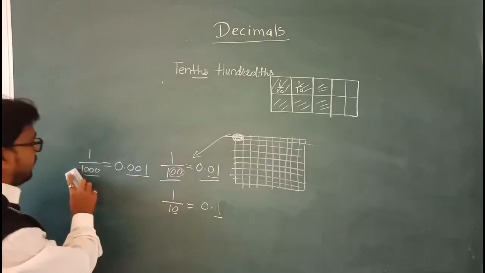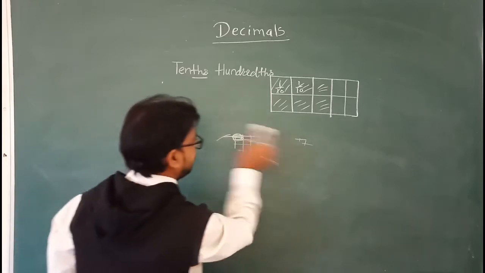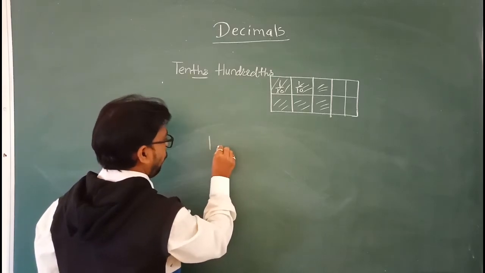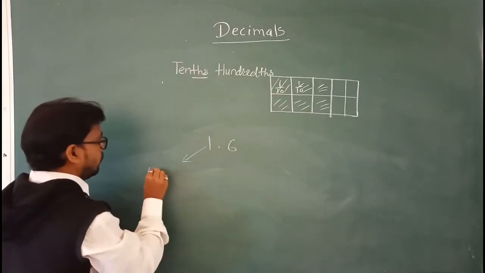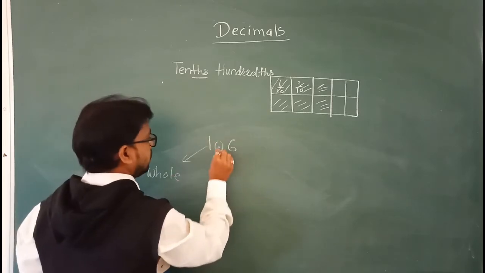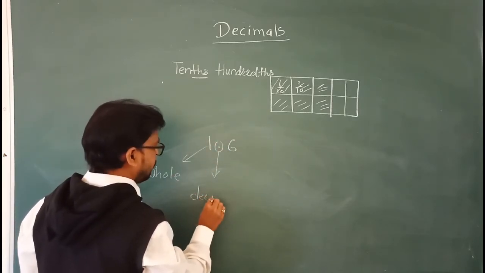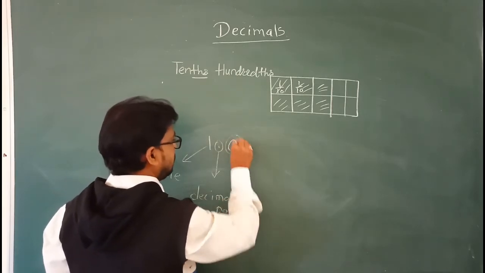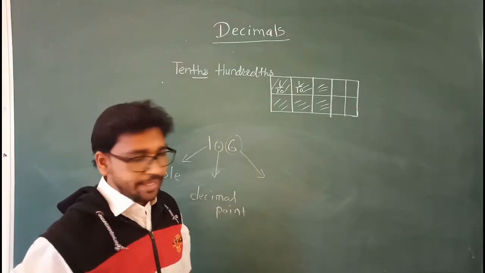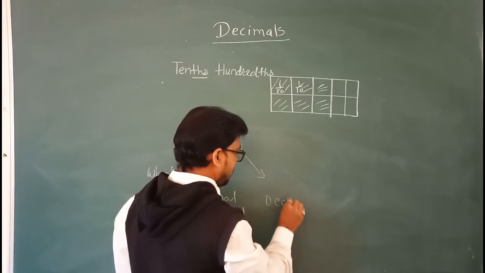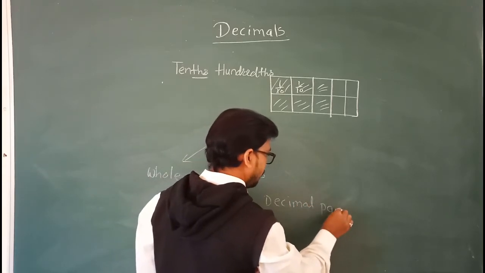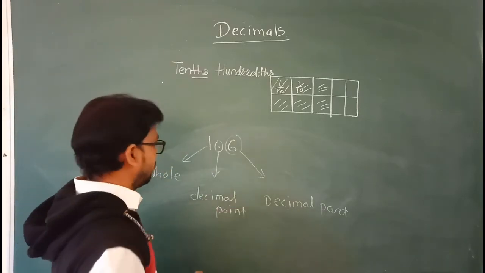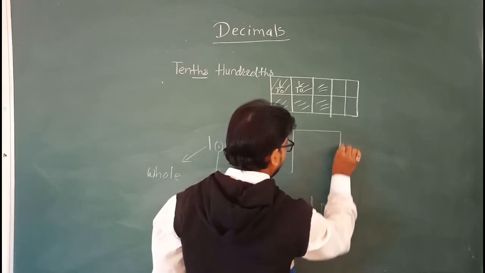So decimal is having 3 parts. One is the whole part. Another is the decimal point, and this part is the decimal part. Now what is meant by whole part? Whole part means suppose it is 1.6. So I draw here 1.6.